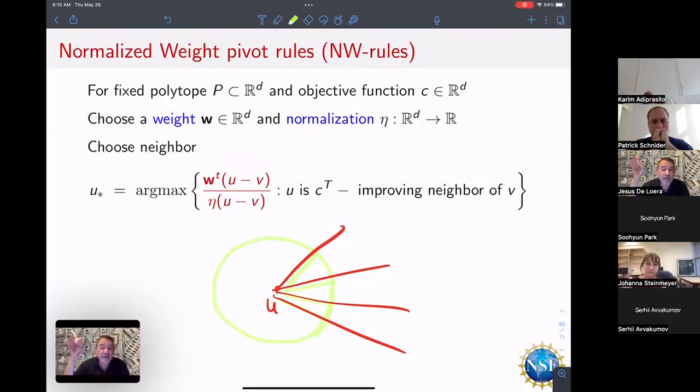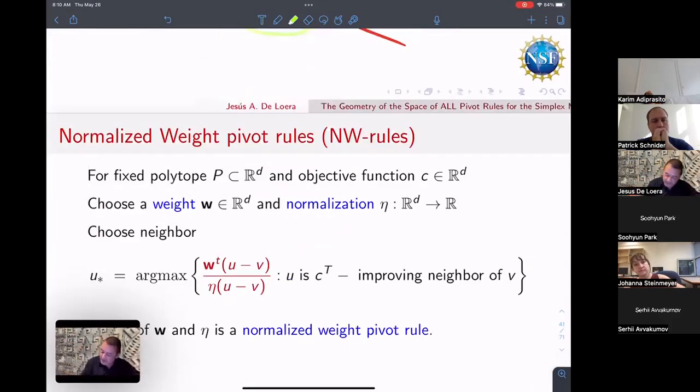When this is a norm, this is essentially a steepest edge version, but the normalization might be another crazy function, not necessarily a norm. In fact, one of my favorite ways to normalize is maybe I just divide by a third objective function. So anyway, that's the way I choose the improving neighbor.